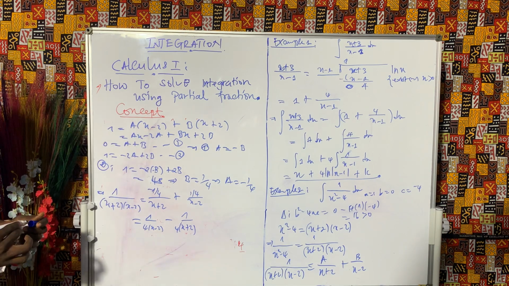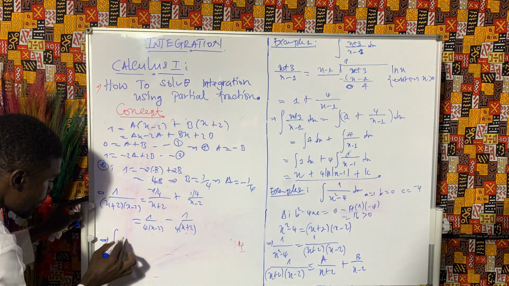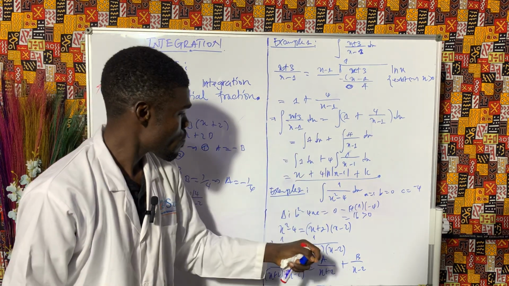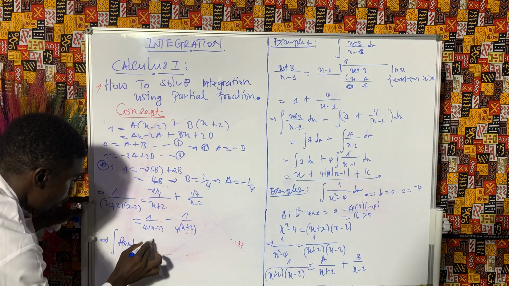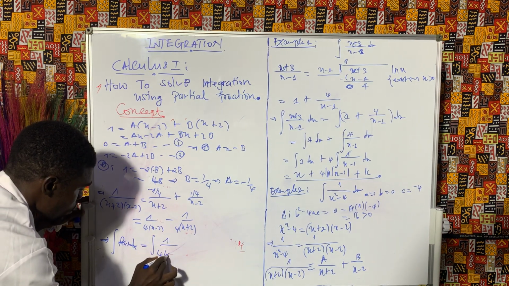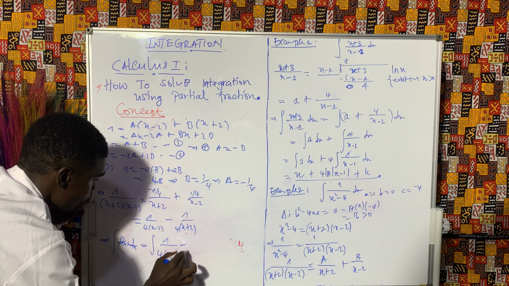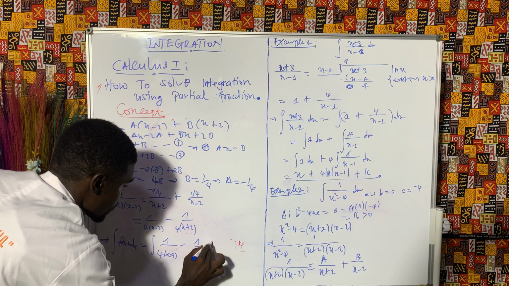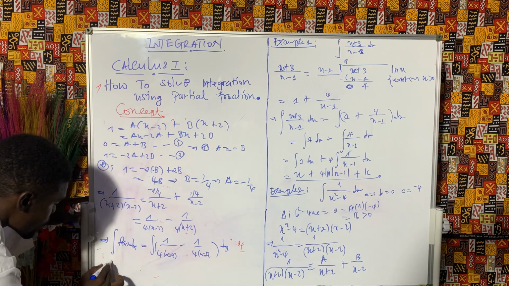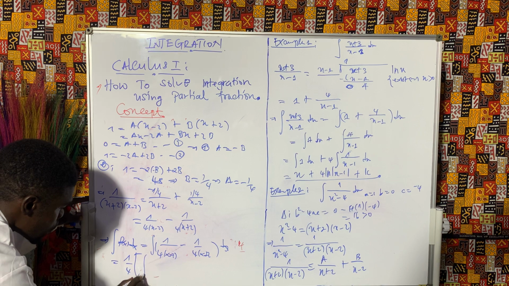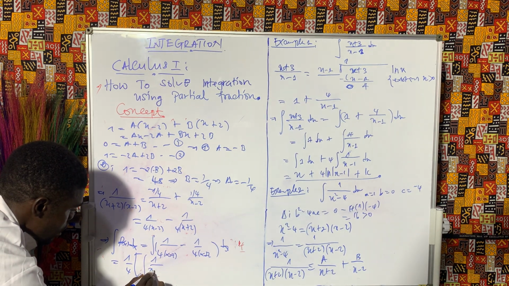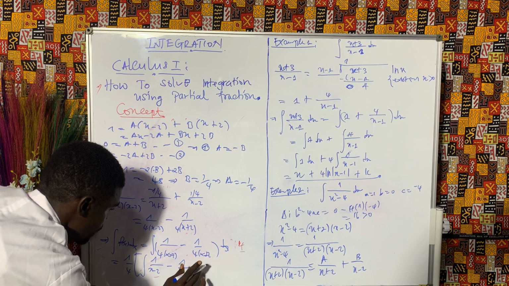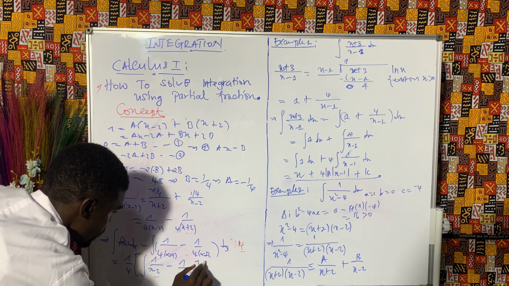So integrating our f of x dx, where f of x is our defined function, is sufficient to just integrate 1 on 4 x minus 2 minus 1 on 4 x plus 2 dx. Since 4 is a constant, we have 1/4 times the integral of 1 over x minus 2 minus 1 over x plus 2 dx, as you can see.